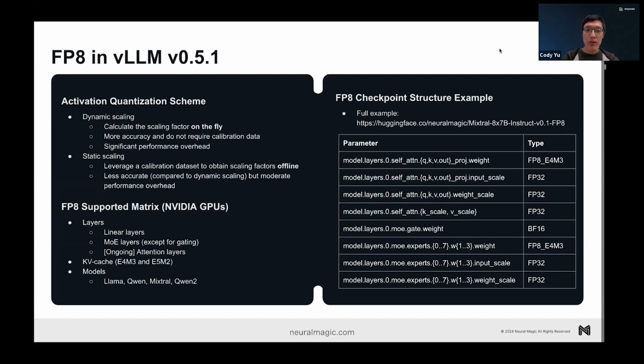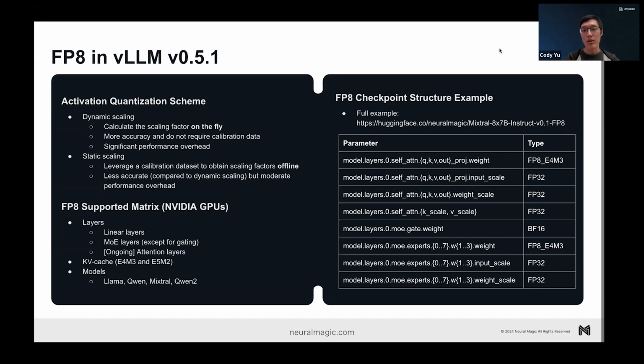And then for the MOE layer, we have a gate before the MOE experts. You can notice that the gate weights are actually still kept in BF16 instead of FP8. This is because of an implementation limitation: the current FP8 matrix multiplication kernels from NVIDIA or AMD require the input shape to be divisible by 16.